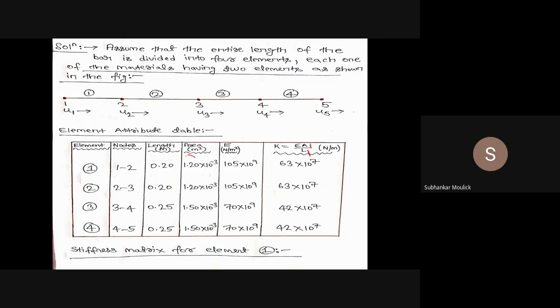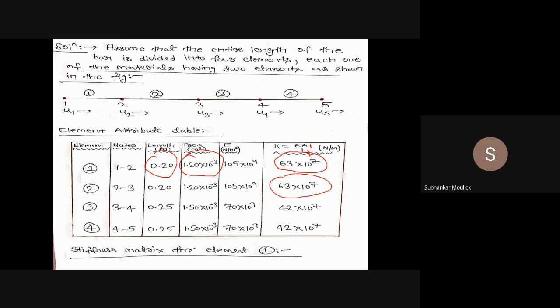A1 is 1.20 into 10 to the power minus 3 divided by L1, the length of that element, that is 0.2 meter. If you solve it, you will get this particular value. Similarly, second element is also coming out from the bar AB, so its area will be same. That is 63 into 10 to the power 7 Newton per meter.